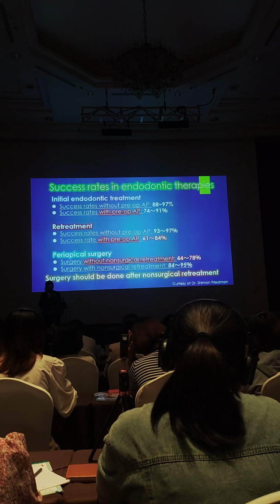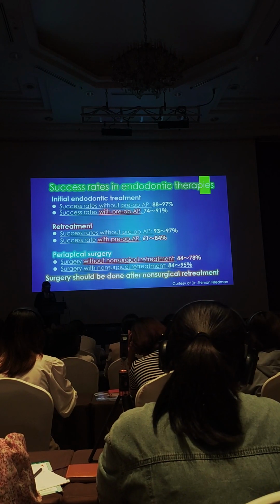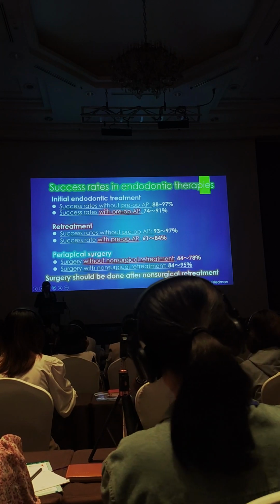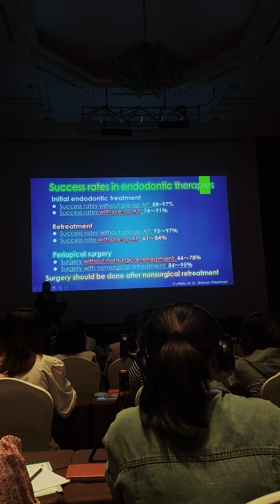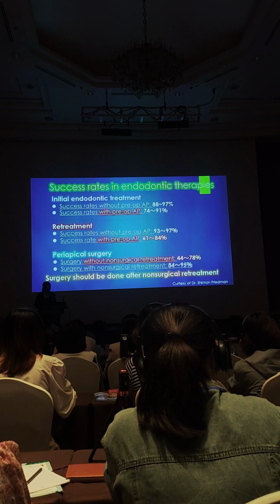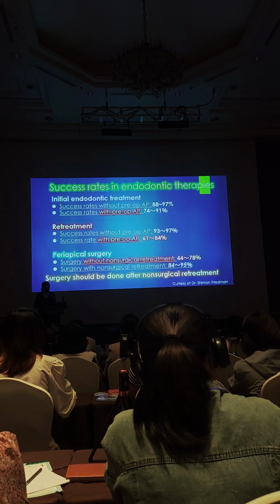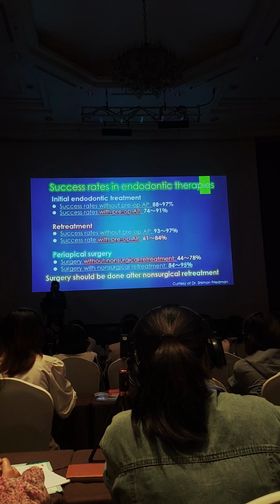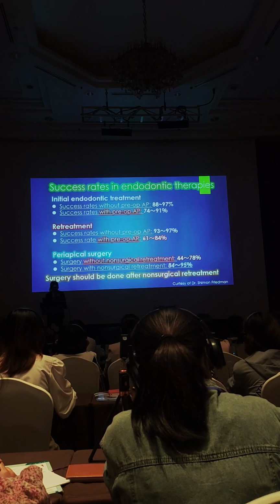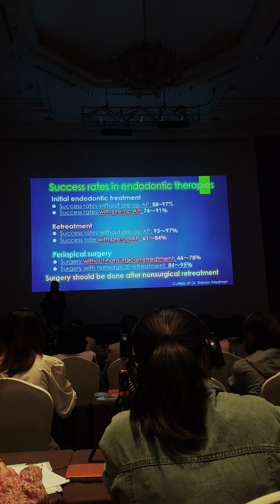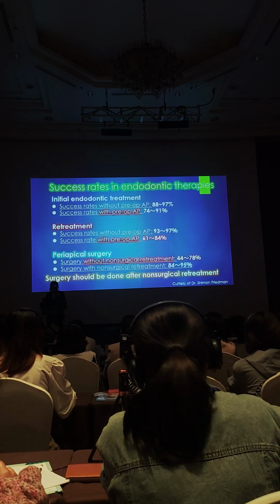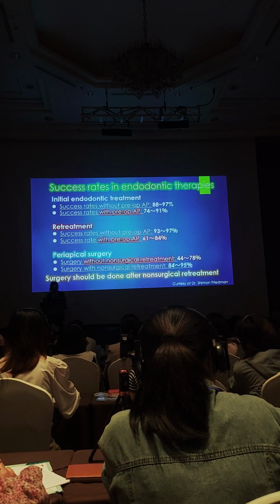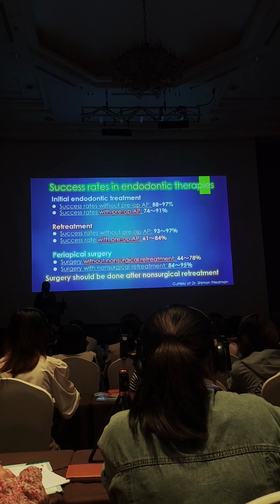What about retreatment outcomes? If there is no preoperative lesion, the success rate in retreatment is between 93% and 97%. What about the success rate with preoperative lesion in retreatment? The success rate in retreatment with preoperative lesions is between 61% and 84%.